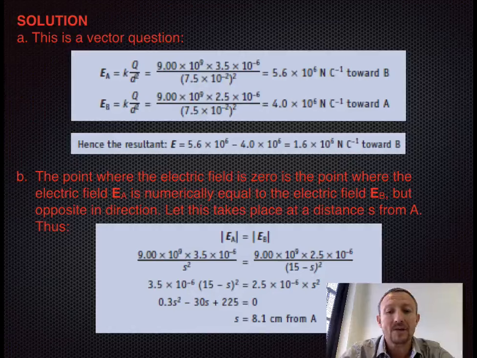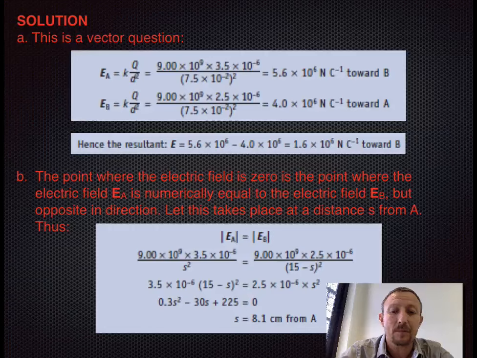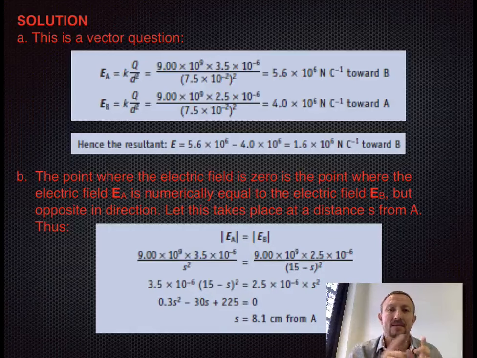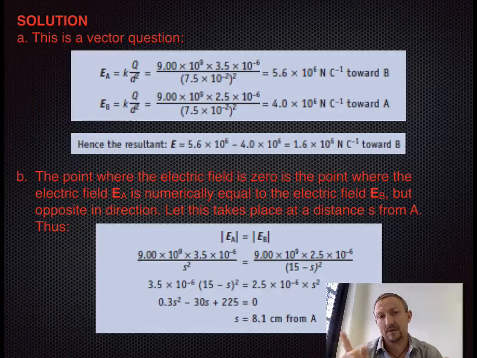We then rearrange the formula and the result is that we get 0.3 s squared minus 30s plus 225 equals 0. Now note the distance for B is 15 minus s. Now we're saying that s is going to be the unknown distance. The reason for that is we've got to take s away, and we're stating that s is the distance from charge A through to the point where the electric field strengths are equal.